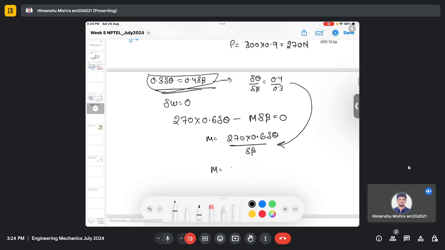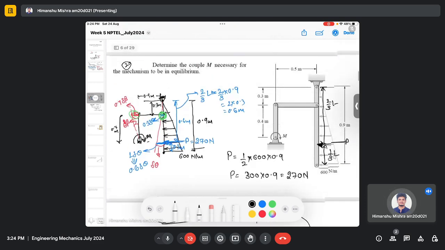We will have M equal to 270 multiplied by 0.6 multiplied by 0.4 divided by 0.3, and we need to solve this to calculate the value of M. So if you solve this, you will get M as 216 Newton meter. So this is the unknown moment that you needed to figure out.